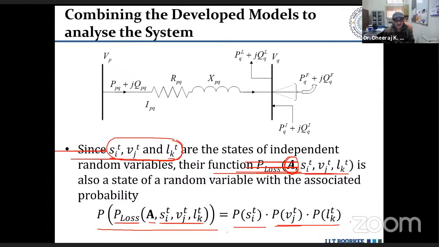So when we are dealing with random variables, we cannot say anything with 100% confidence. Each output is subjected to certain probability. So the output of a function of random variable will have probability which is equal to the multiplication of probabilities of individual random variables.